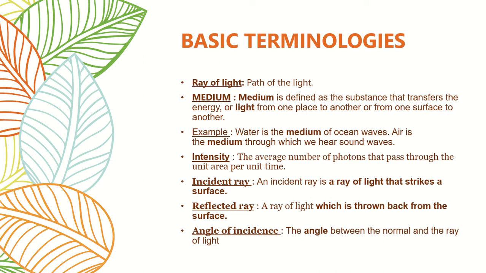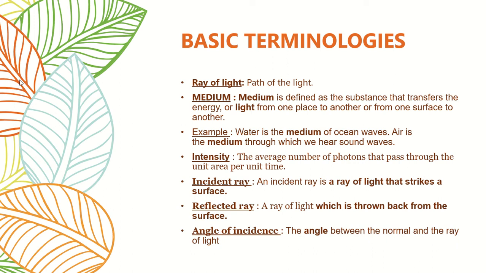Consider a surface and the normal, which is perpendicular to the surface, and an incident ray considered with respect to the normal. The angle between that incident ray and the perpendicular is known as the angle of incidence. So these are the basic terminologies.